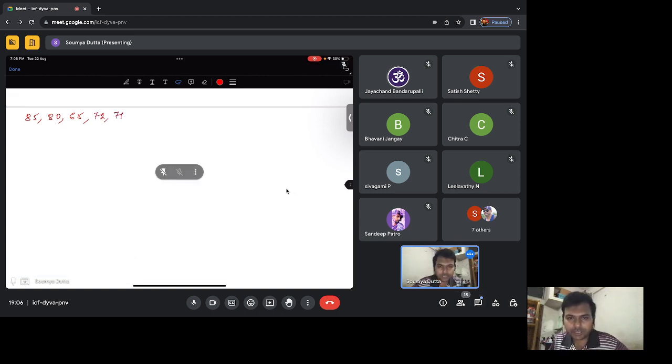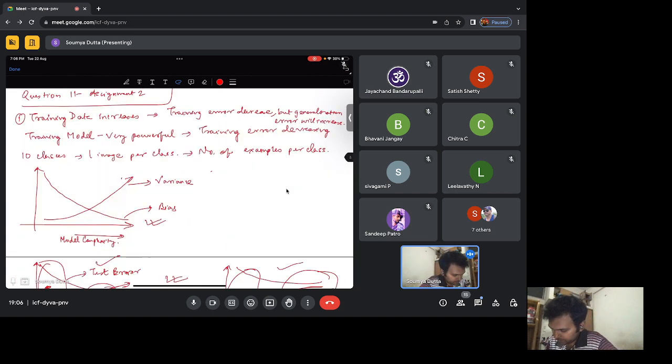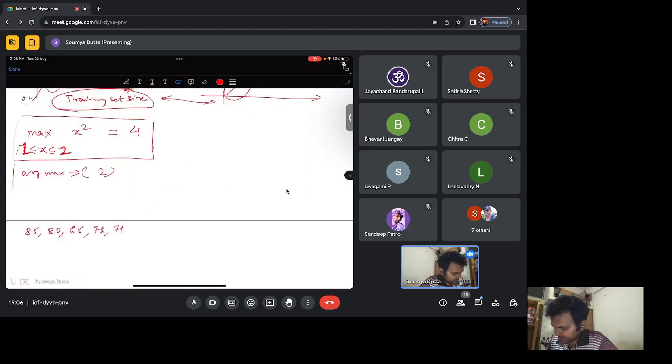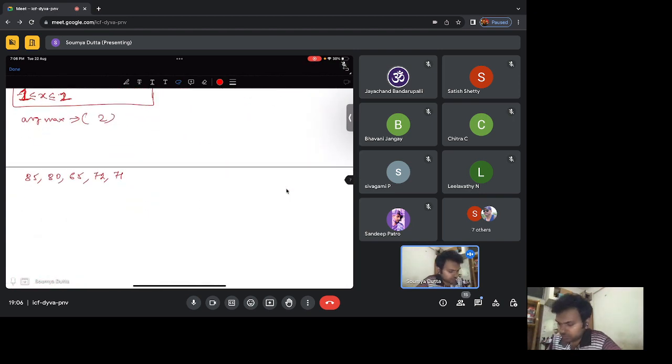I hope I'm correct. So these are the 5 values, and they are all Gaussian distributed, as has been told to you. The simple thing to do would be to add them all up. So you need to do 2 things.